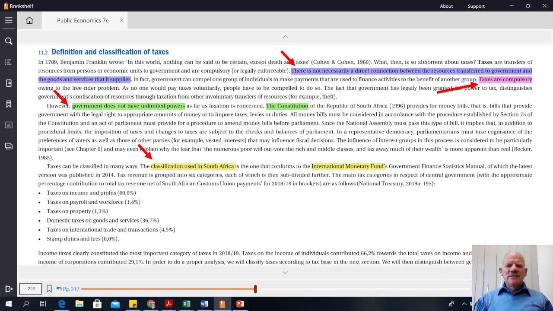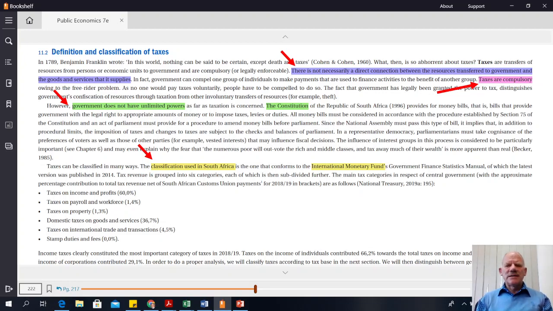The classification used, which you have learned about in parts 1 and 2, the classification of our tax system follows that of the International Monetary Fund, the IMF's Government Finance Statistics Manual. So we don't do things in a specific South African way.